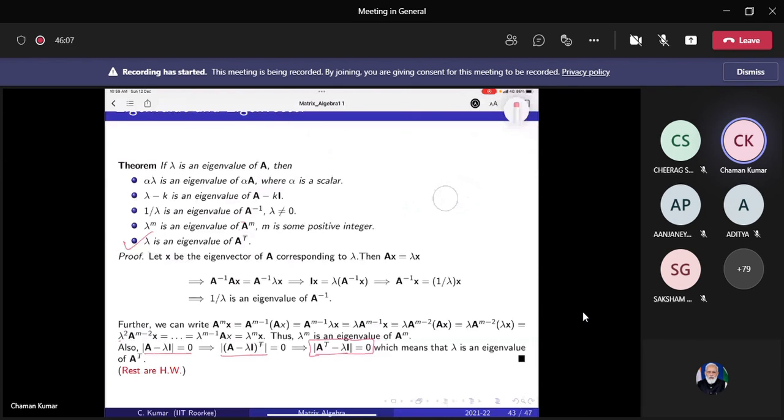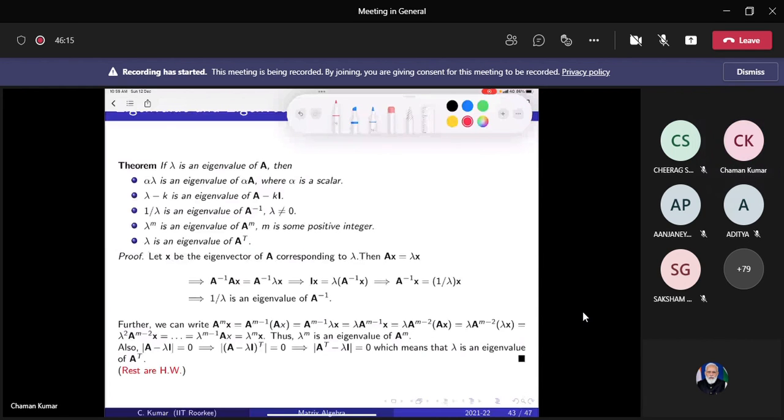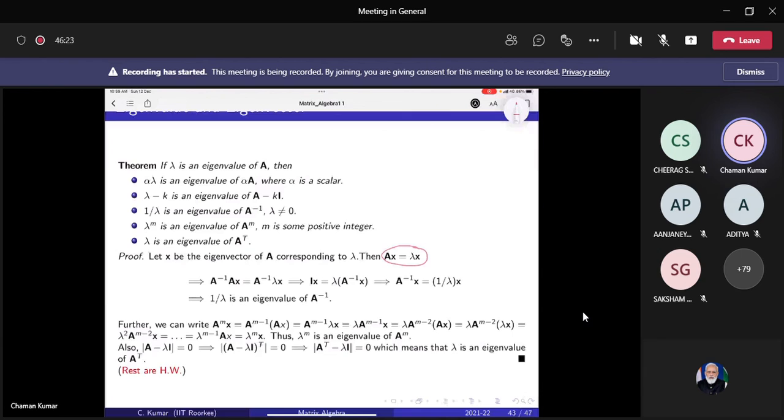So basically, you see that in some proofs you have to apply this method. To start with this equation and then pre-multiply, post-multiply, really depends on what you want to prove. So sometimes this method will work easily.